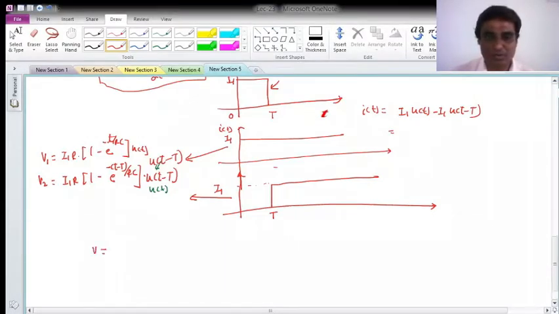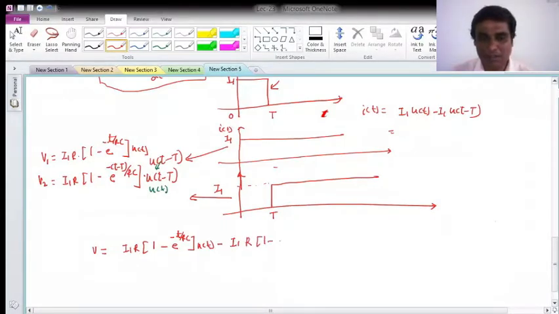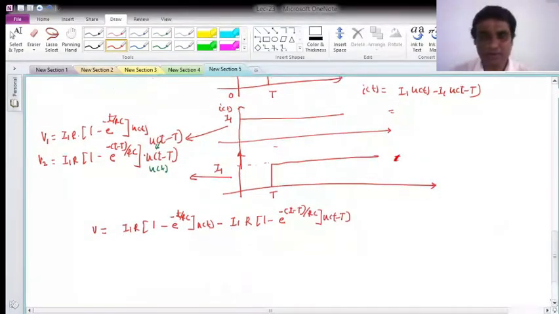So the total response v of t will be equal to the output due to I1 u of t, which is I1 R (1 minus e raised to minus t upon RC) into u of t, minus I1 R (1 minus e raised to minus (t minus capital T) over RC) into u of t minus capital T.